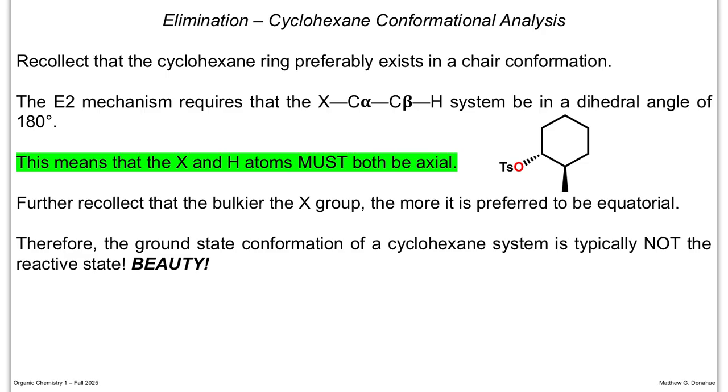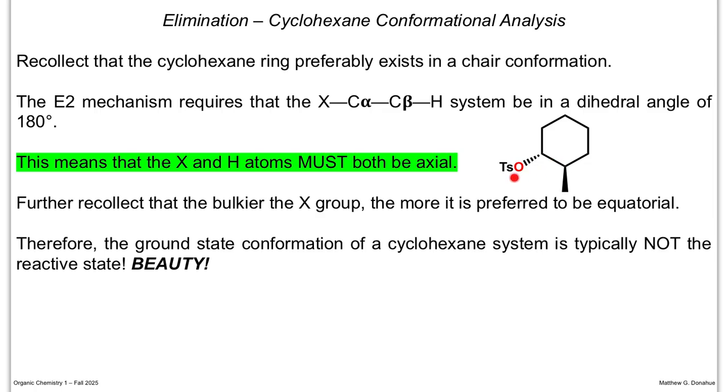So we'll finish up here today on these cyclic ones. So the same principles apply, that you're going to identify an alpha carbon, identify the beta carbons, but now we're going to limit it to really just a 6-membered ring. Those are the most informative. So we have a carbon bearing a leaving group, O-tosyl.